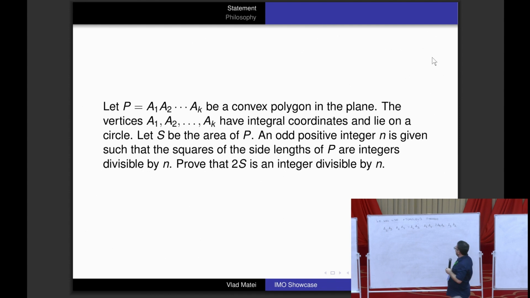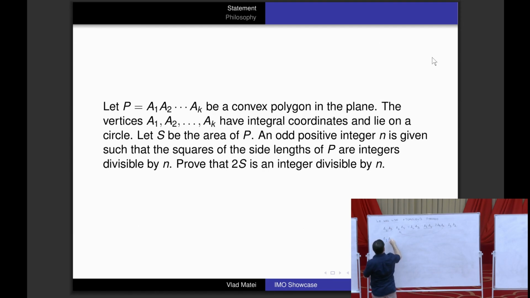Okay, so let's see what I want to get. I want to look at these two things here. I want to compare the valuations of A1A3, so I want this, and A1A4, so I want this and this. Okay, so the trick is, let's move this part to the other side and square it.